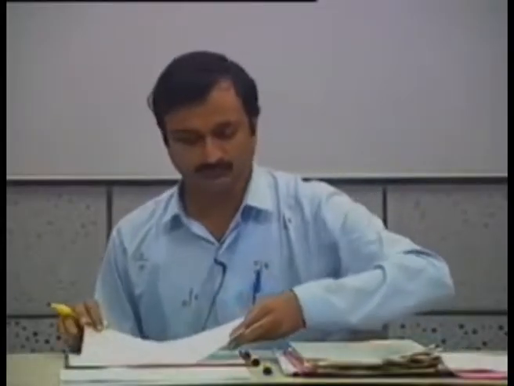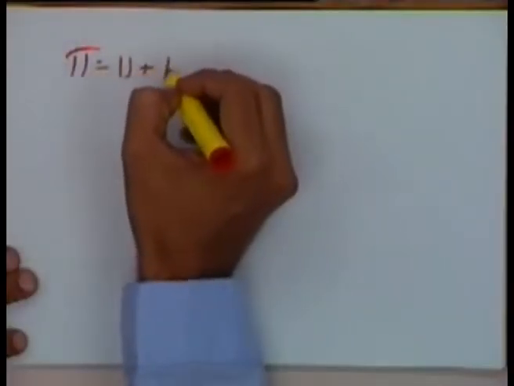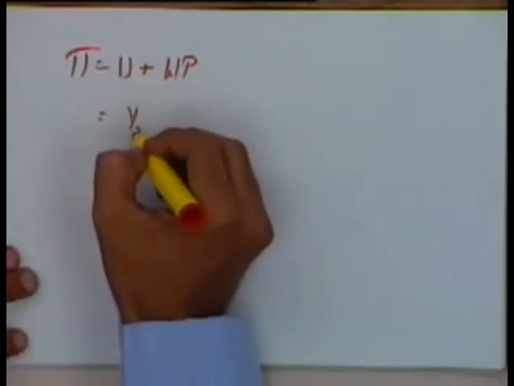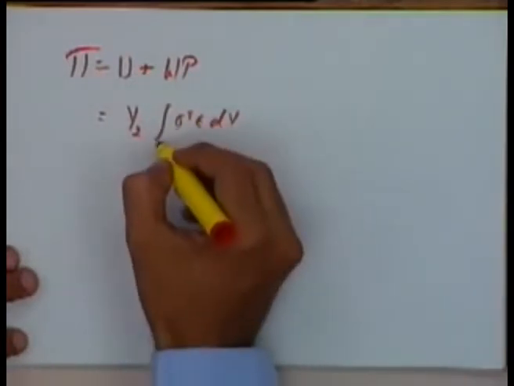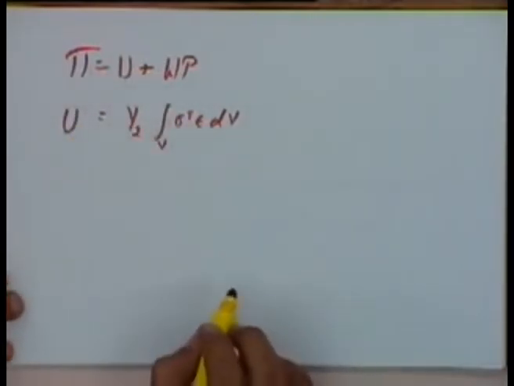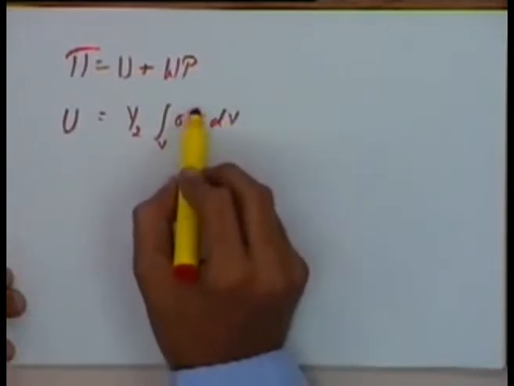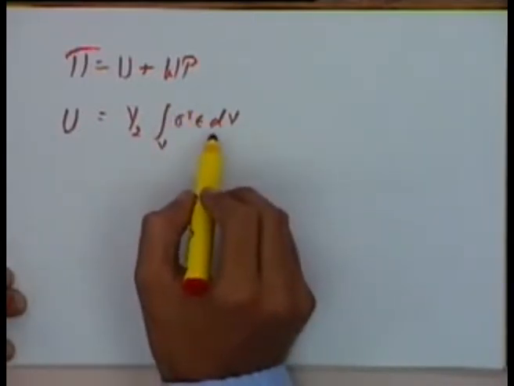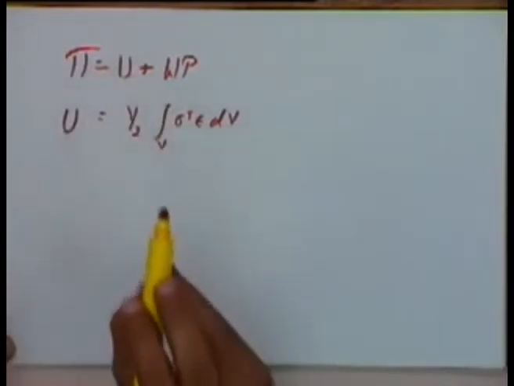If pi is equal to U plus Wp, the strain energy would be half of the integral of sigma transpose epsilon dV, a volumetric integral. This is U. That means we take the transpose of the stresses, multiply with the strain vector and integrate that over the volume, and half of that will be the strain energy.